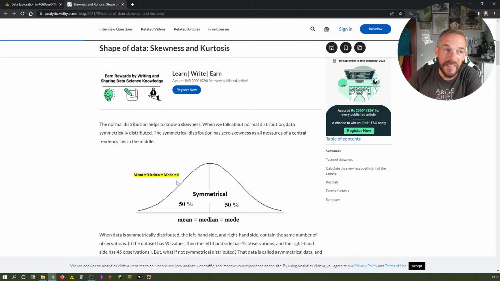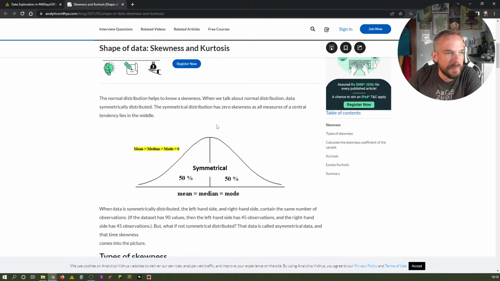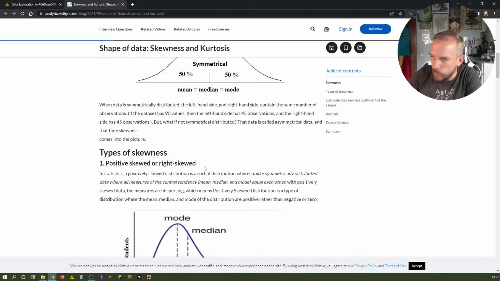That means the median is exactly in the middle, and the share on each side of that median, if you look at that chart, is equally shared or of equal size. But skewness is a different thing.